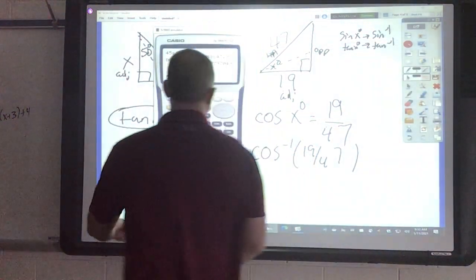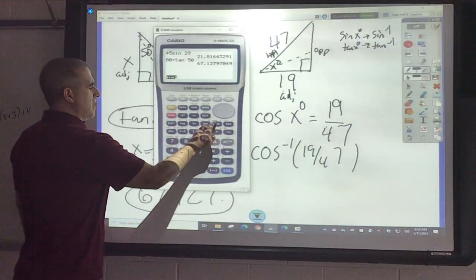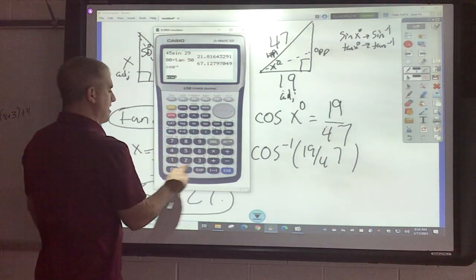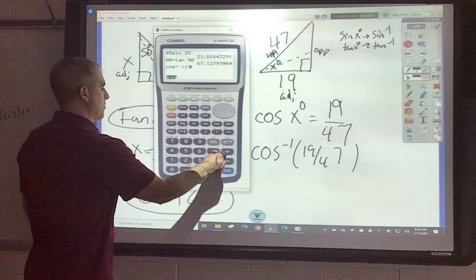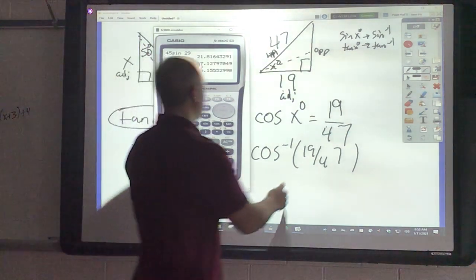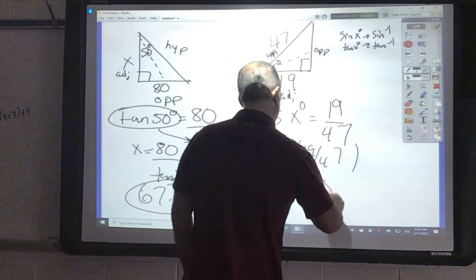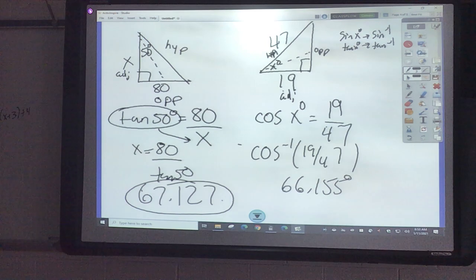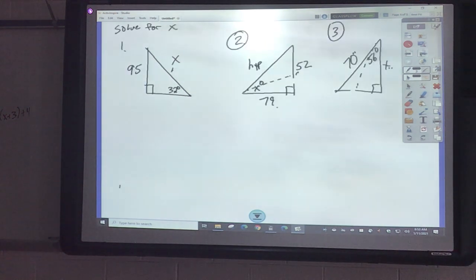So if you look at your calculator, there's these little -1 buttons right above it. Okay, so that helps you find the angle. So I had shift in that, okay, 19 over 47. Okay, I get 66.155 degrees, okay?